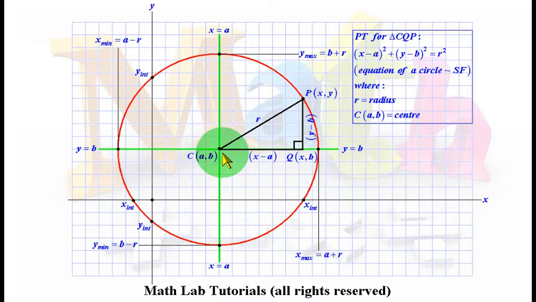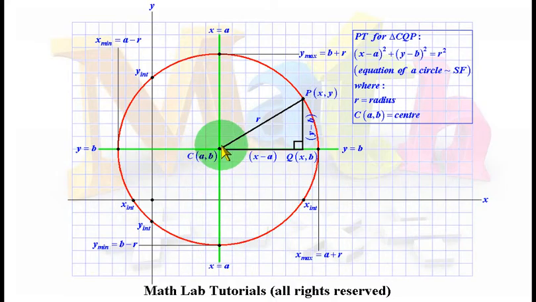So y min is actually b minus r. And let's look at y max over here. y max is b plus r. b is the y coordinate of the center, so b plus r will be this height here. So altogether y max is b plus r. We go to b and then plus r will get us up here. For the other one, we go to b and then minus r will get us down there.